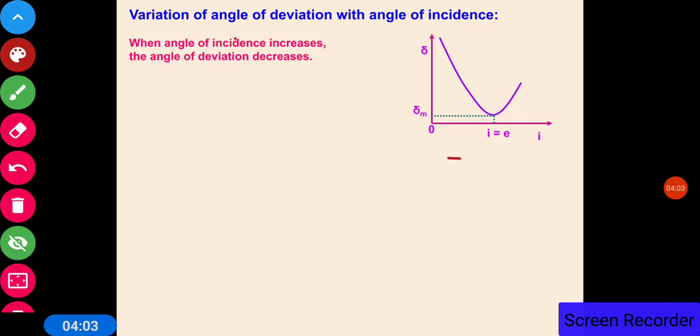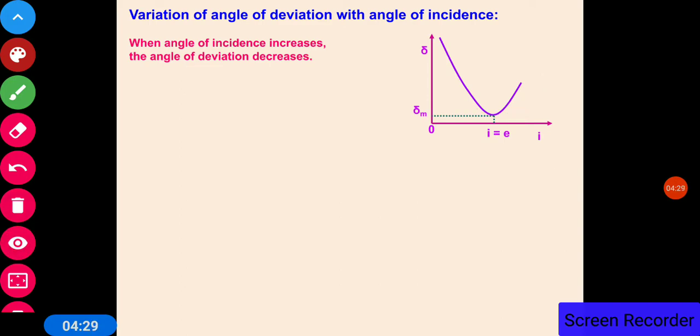So when angle of incidence I is increasing from the lower point, the angle of deviation is decreasing, and at a particular point when I is equal to E, the angle of deviation is minimum, and again after that, on increasing the angle of incidence, angle of deviation increases.